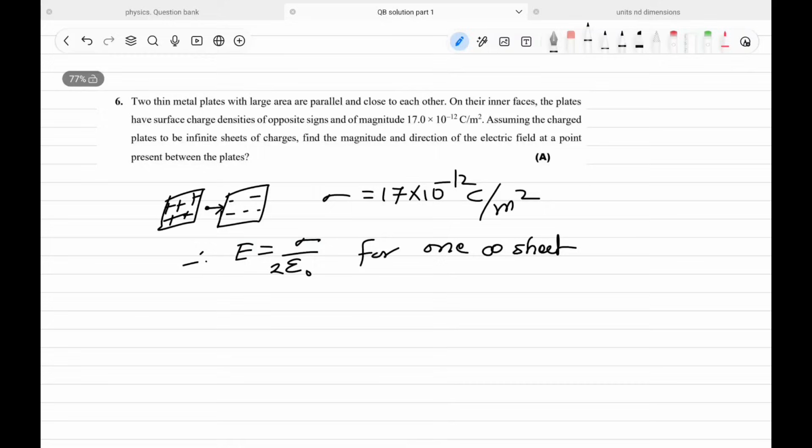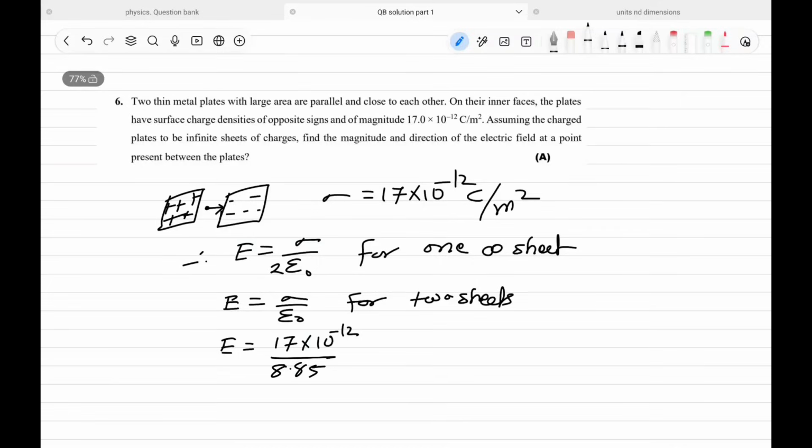Okay, therefore it is equal to sigma divided by epsilon naught for 2 sheets. 2 sheets के लिए it is equal to sigma, कितना दिया गया है, sigma 17 into 10 to the power minus 12 divided by 8.85 into 10 to the power minus 12.